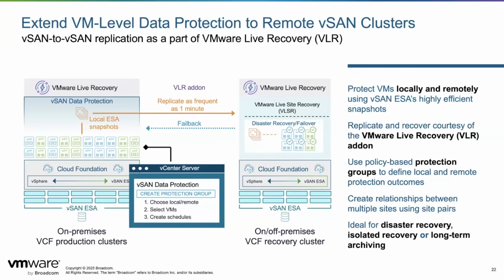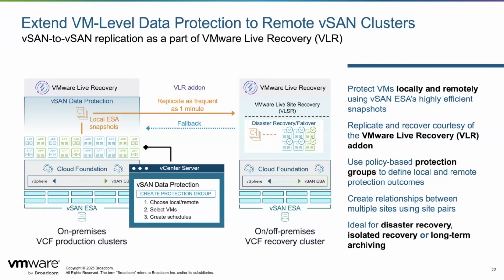And we can also set protection groups. We can automatically create these groups based on things like VM names. So I can have everything with prod in the title get a specific policy, or everything with finance or HR get a specific policy. This allows us to do replication and do disaster recovery. And then using the other capabilities of Live Recovery, the orchestration capabilities, the runtime, the testing capabilities, we can bring this up.